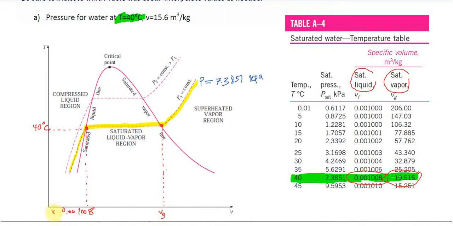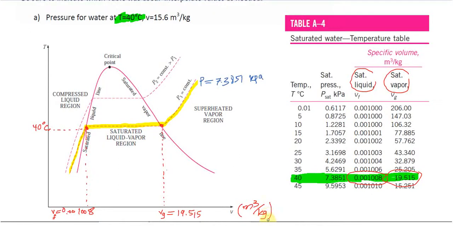The other one is Vf. You can highlight it this way. Vg is equal to 19.515 meter cubed per kilogram. So all the specific volumes here are meter cubed per kilogram.